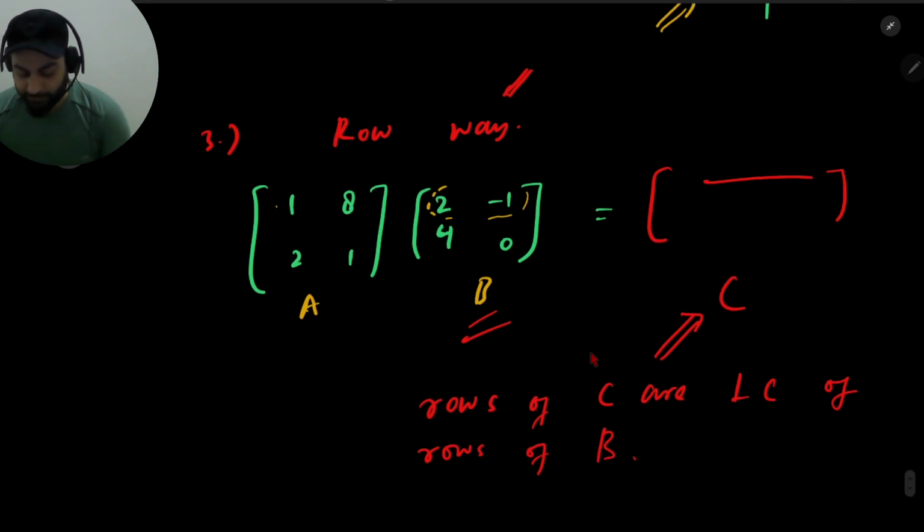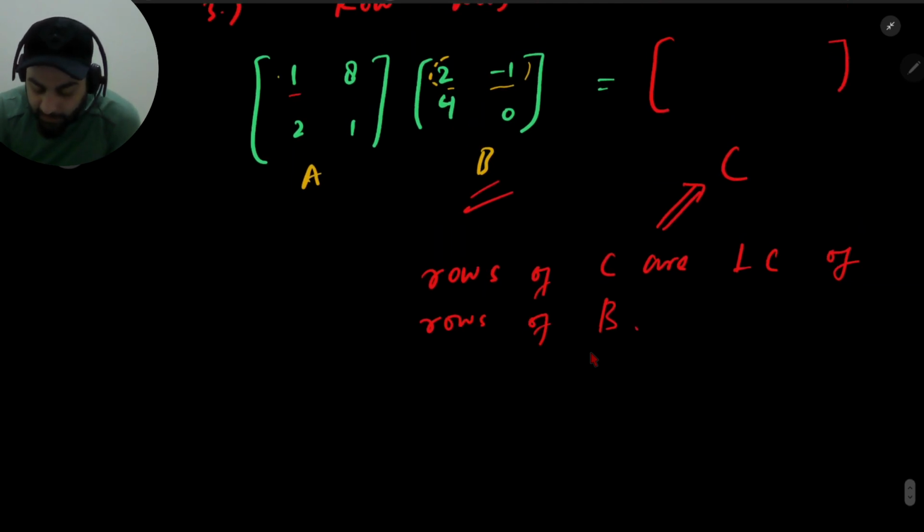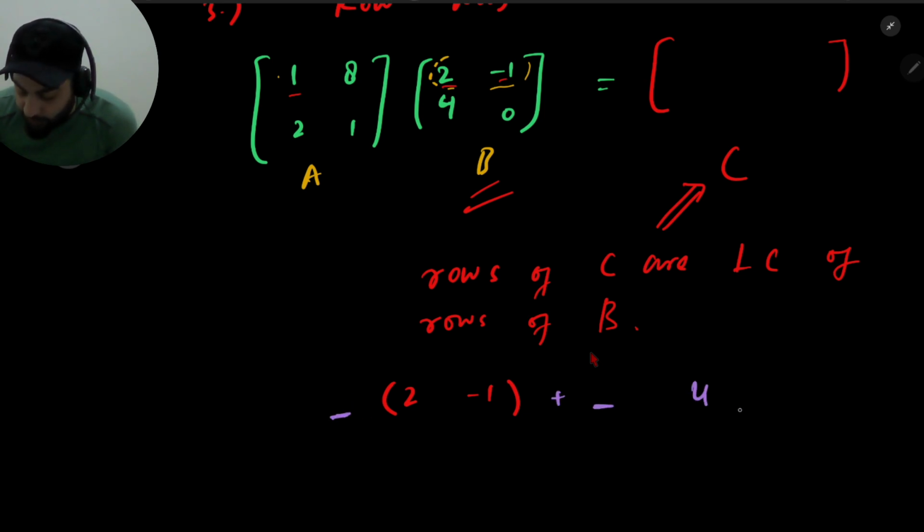So by this 1 and this 2 4, I'll take this 2 1, which is a row. Then I have some coefficient over here plus some coefficient over here and 4 comma 0. This is the linear combination basically.